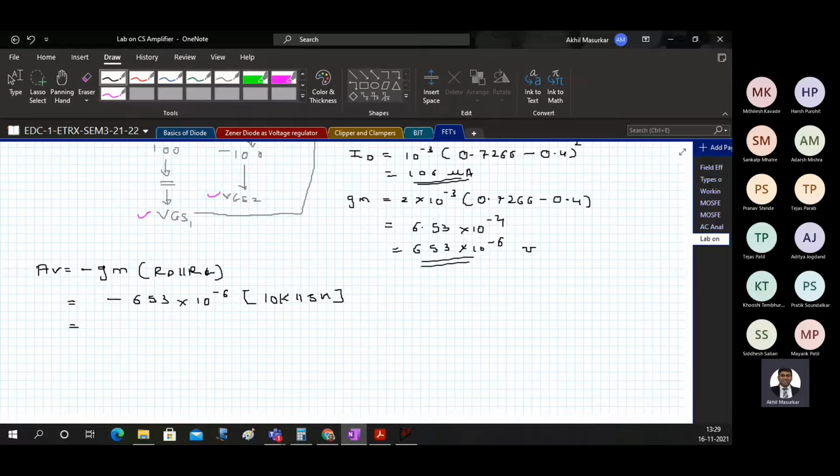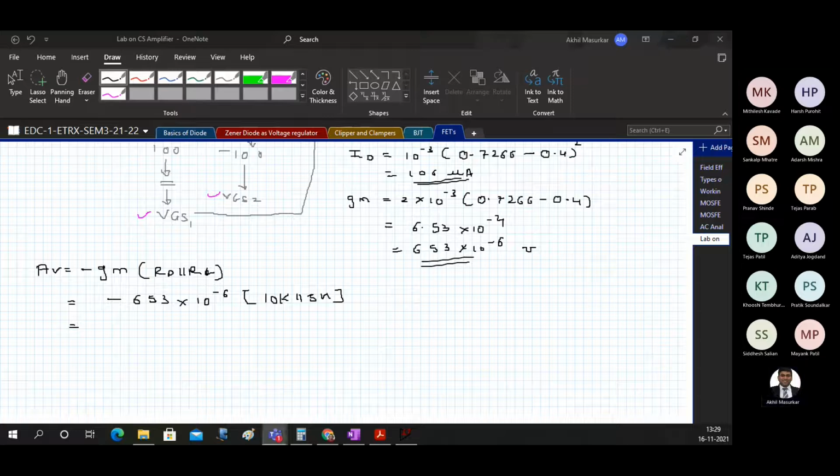Obviously it should be negative. So minus 2.176 into 10 to the power minus 3.